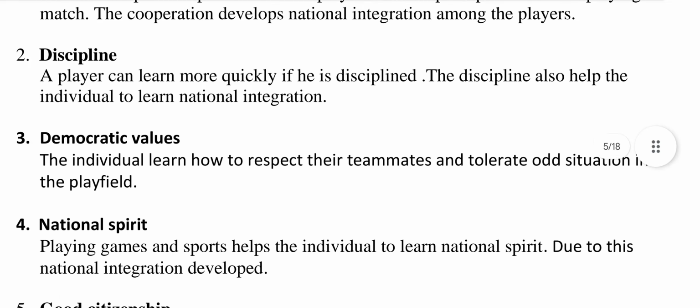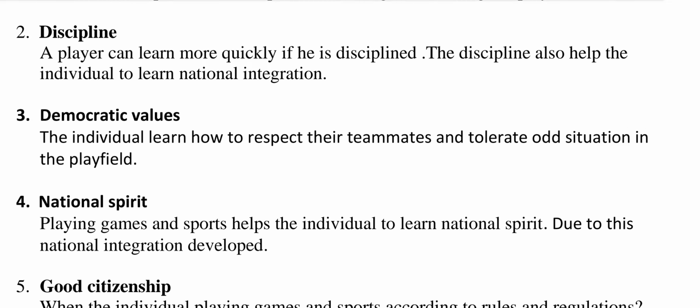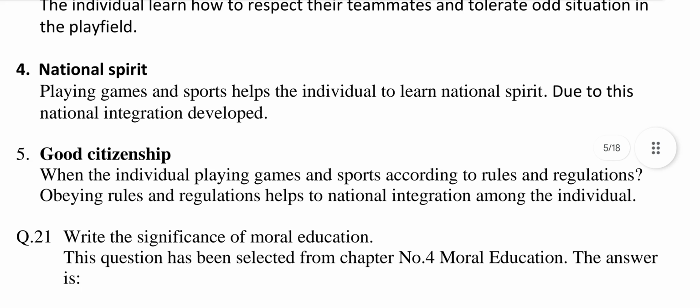Number 2, discipline. A player can learn more quickly if he is disciplined. The discipline also helps the individual to learn integrations. Number 3, democratic values. The individual learns how to respect their teammates and tolerate odd situations in the play field. Number 4, national spirit.